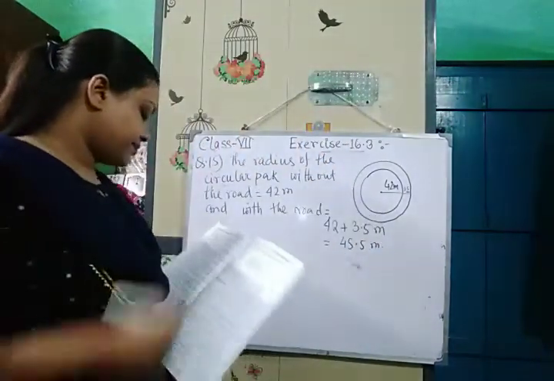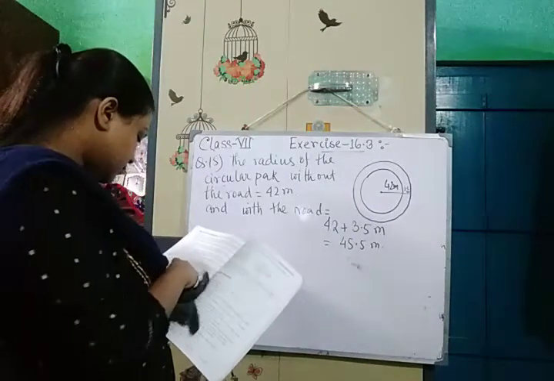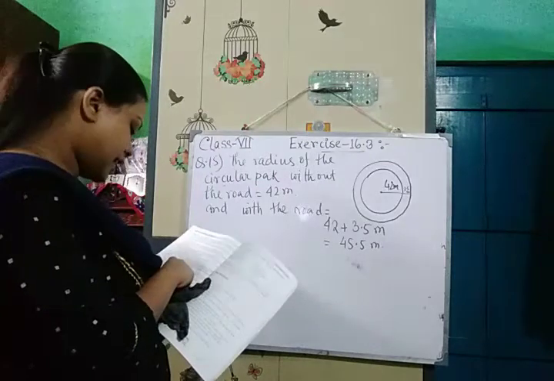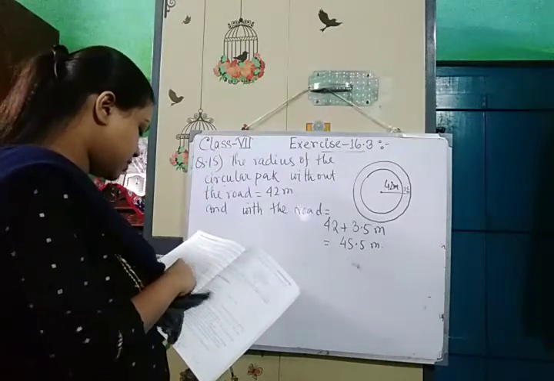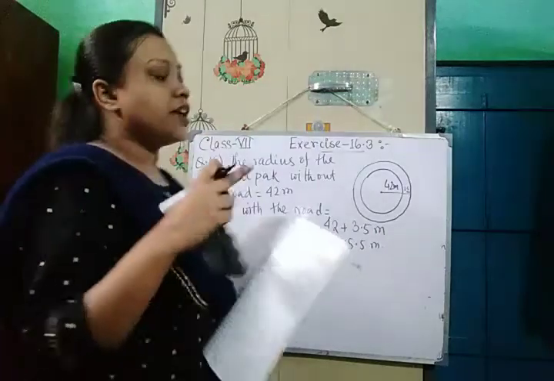Okay. Now radius of this, diameter is 84, so it's 42. Okay. Now it's given, we first need to find out the area.